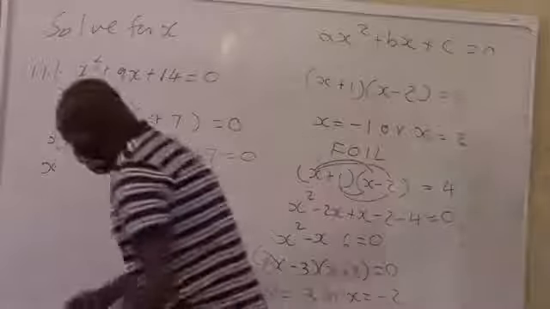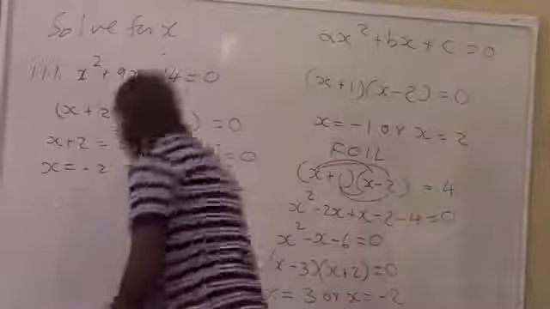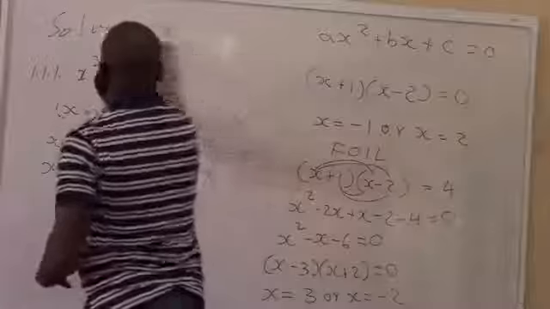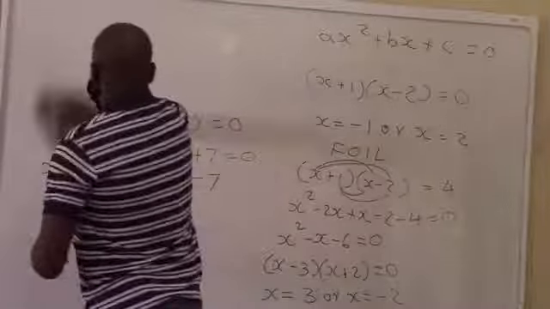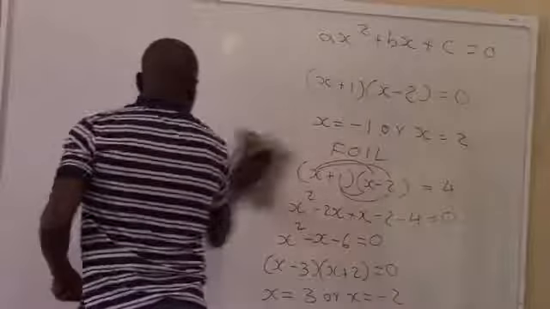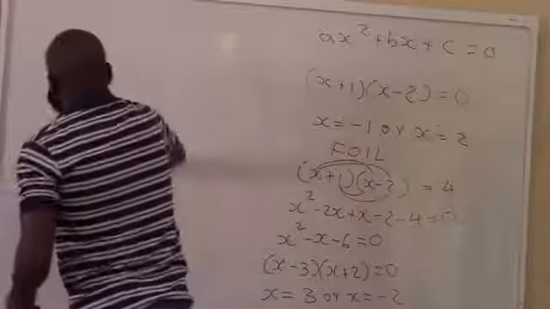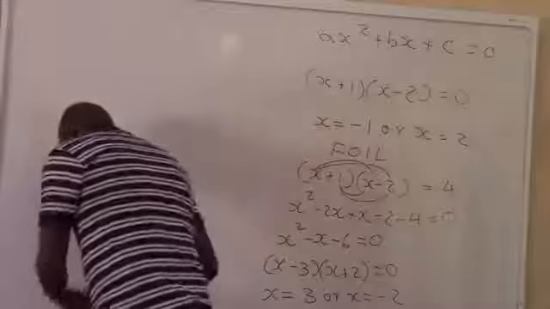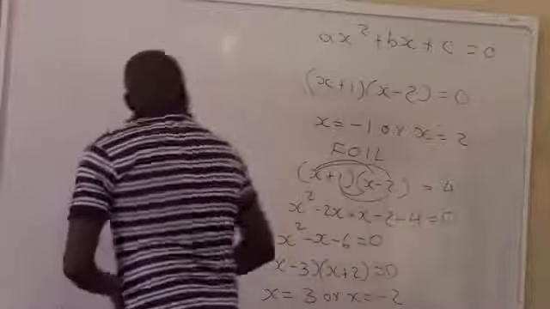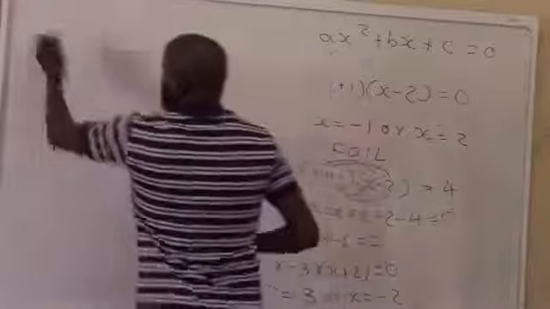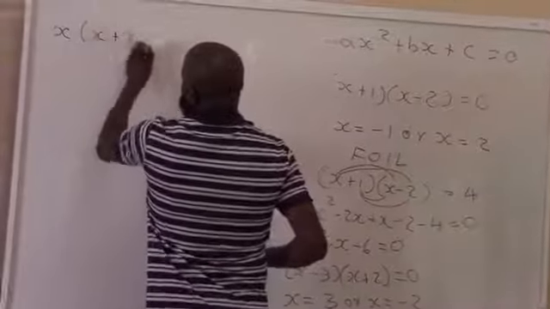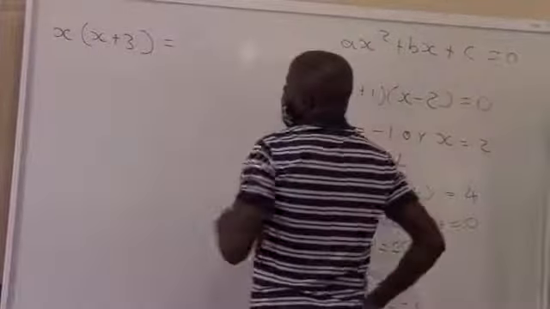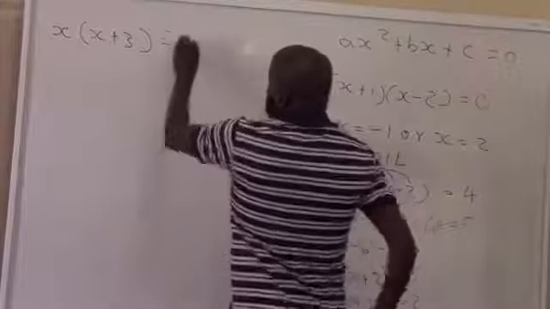The other one that may come, which I have seen in many previous papers, is in this way, whereby we have x into x plus 3 is equal to, let's just say, 10.